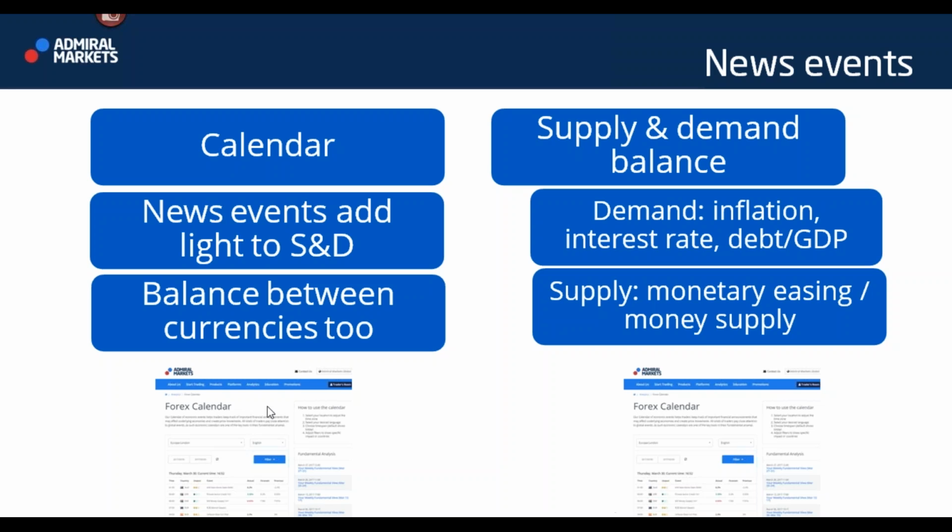So when I look at those news events, I'm always keeping it in mind: how is it impacting this supply and demand balance? How is it impacting ultimately these factors? Each of the news events impacts these things in different ways. So for instance, GDP growth will give us more information about the GDP part, obviously.